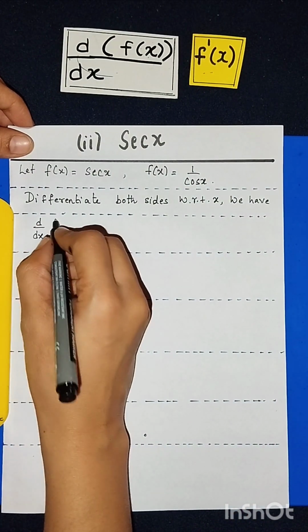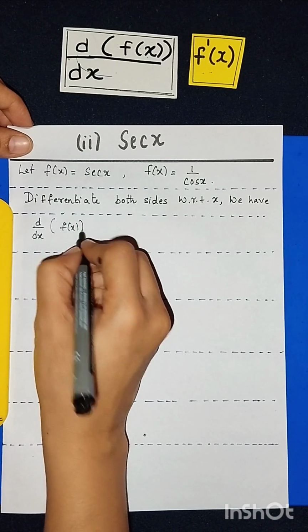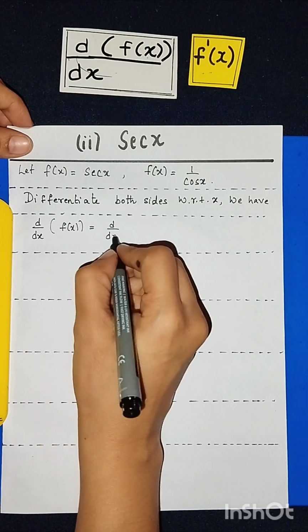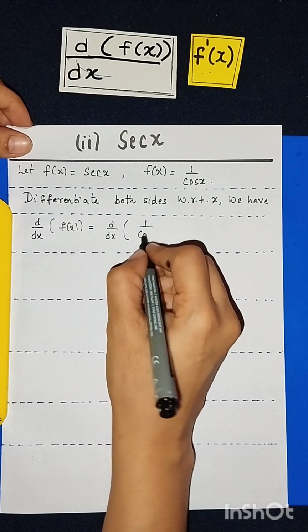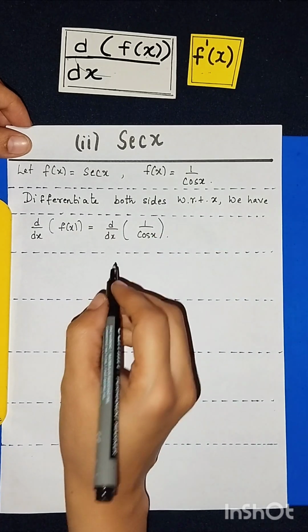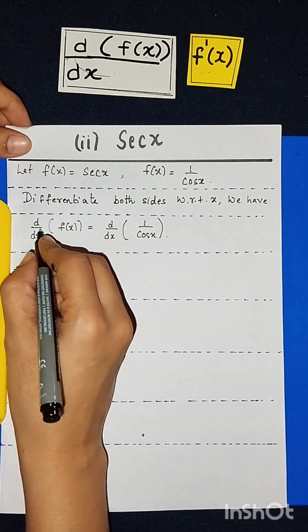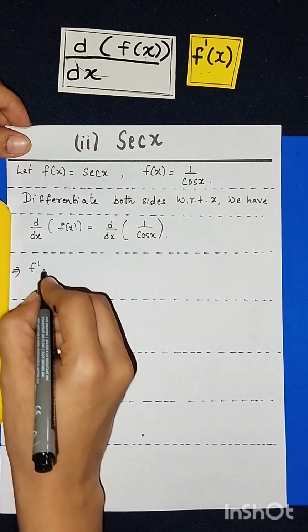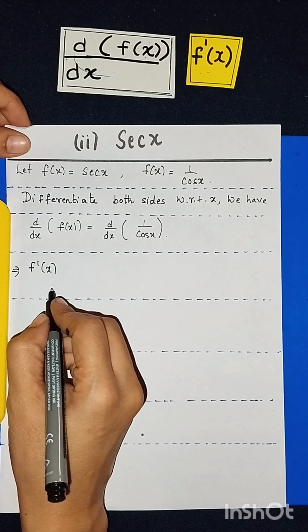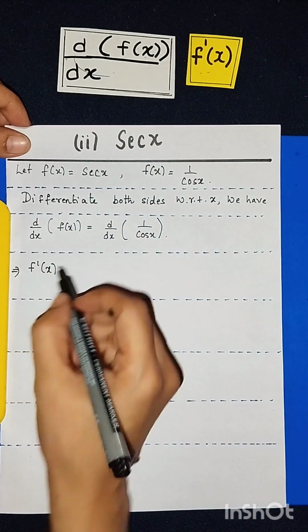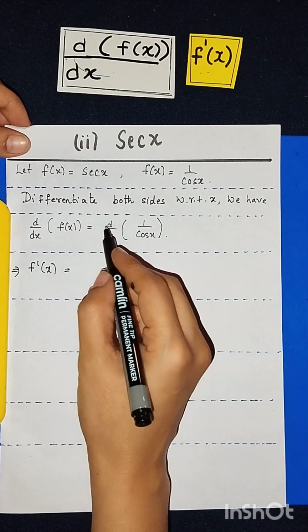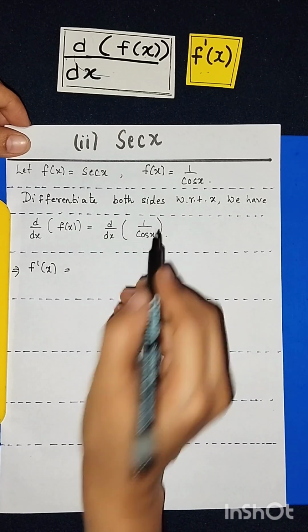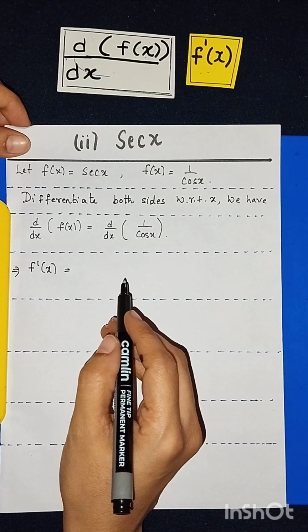We have d by dx of f of x is equal to d by dx of 1 by cos x. Now this implies d by dx of f of x is f dash of x, both are the same, right? f dash of x is equal to d by dx of 1 by cos x.